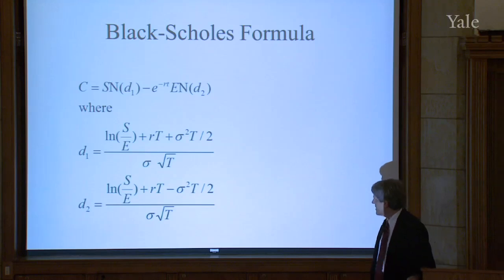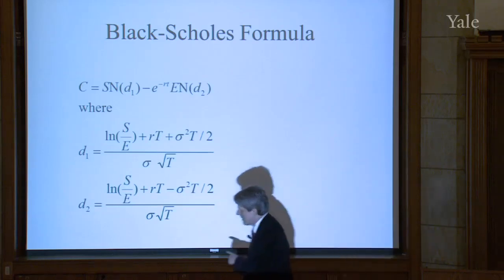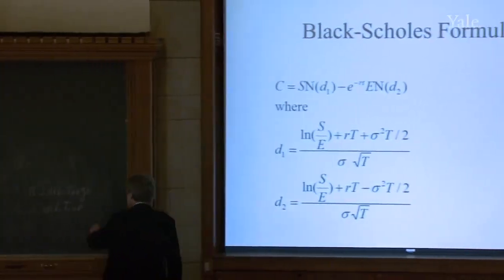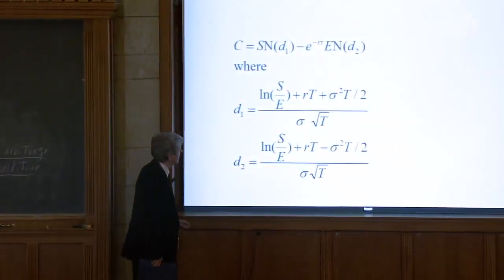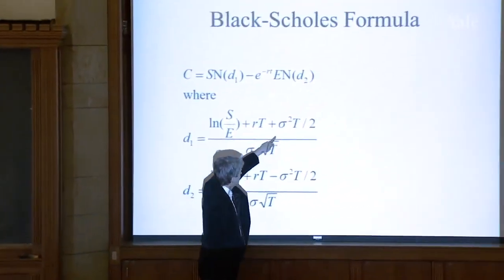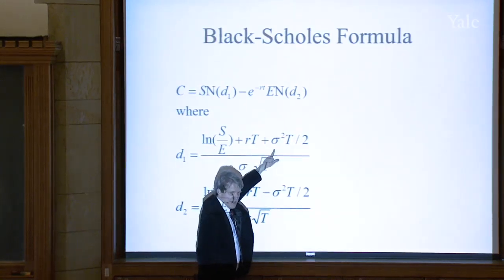But you can see how to price an option using Black-Scholes. But Black-Scholes is derived, again, by the no arbitrage condition, and it doesn't have the probability. Oh, the other variable that's significant here is sigma, which is the standard deviation of the change in the stock price.